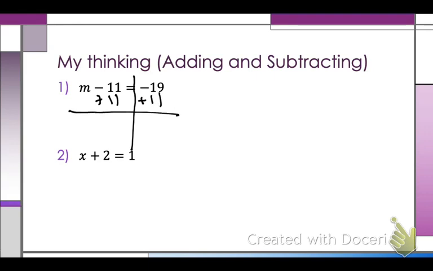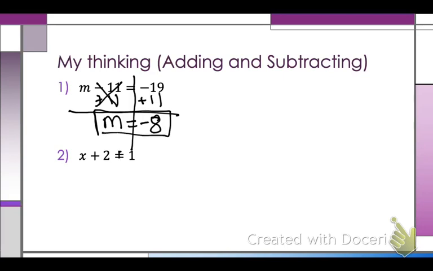Then I'm going to put a line under to keep my work neat. All right. So on the left side here, this minus 11 plus 11, those canceled out, which is why I did that. And I'm left with m equals negative 19 plus 11, different signs I subtract, and I keep the sign of the larger number. So m equals negative 8.